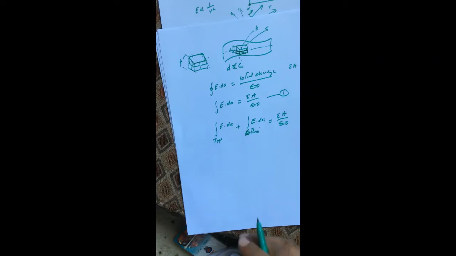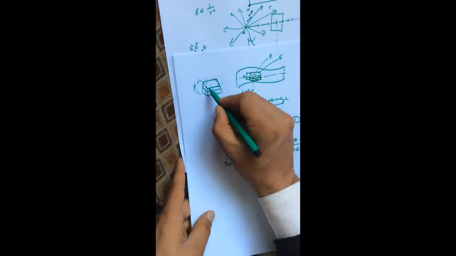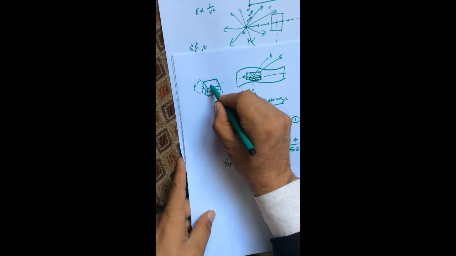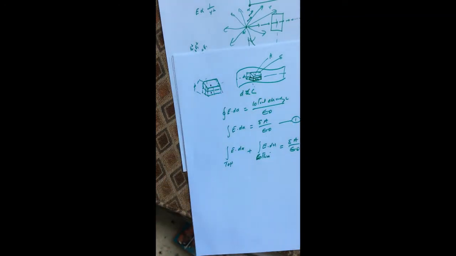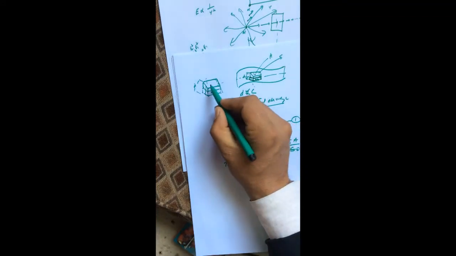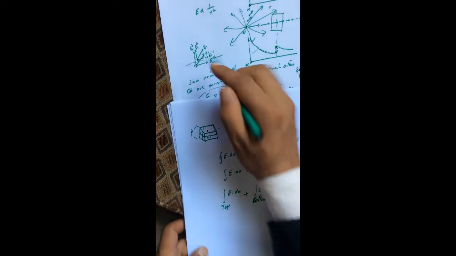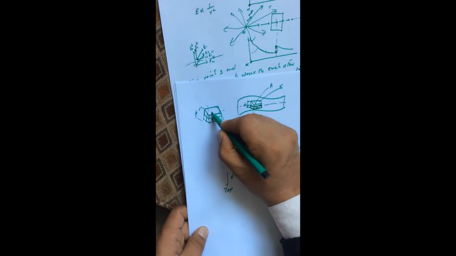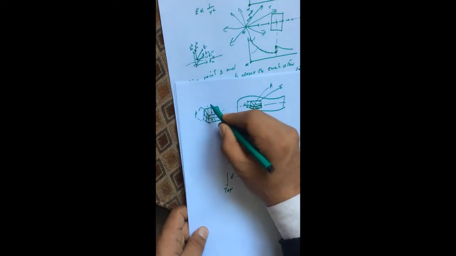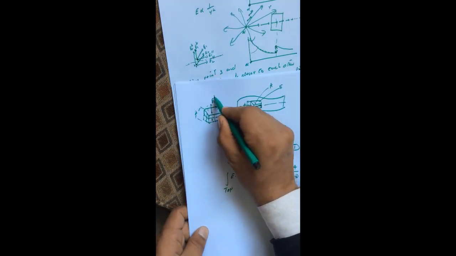Now here we have point 1, here we have point 2. Now at point 1 the normal component of the electric field is this one, E1. So here the electric field flux contribution is due to electric field E1 perpendicular.